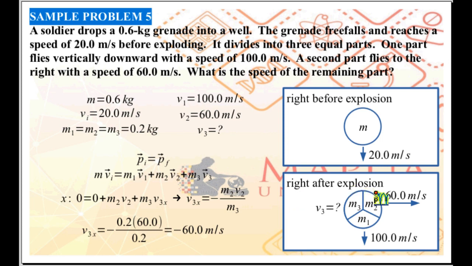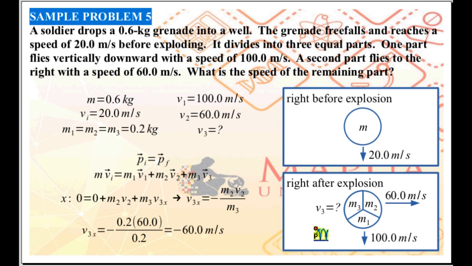Right after the explosion, the grenade fragments into three parts. You have M1, M2, and M3. Three equal parts, meaning M1, M2, and M3 are equal. We just divide the total mass of the grenade, 0.6, by 3. We get the mass of each fragment, 0.2 kilograms.